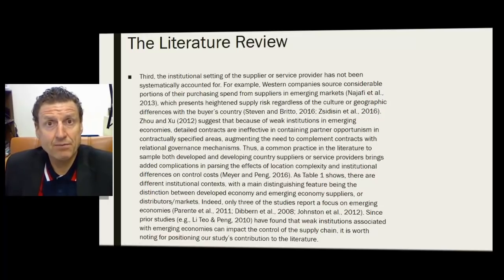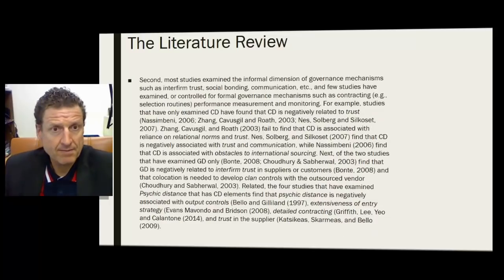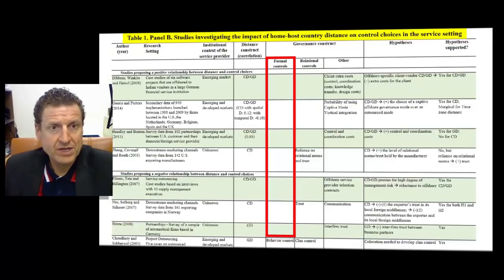As I may have briefed over briefly, we can go back. You can see that what I've done here is put in the institutional context of the service provider: emerging market, emerging and developed, unknown, unknown, unknown, emerging and developed. As you can see, they did not all look at the same institutional context.